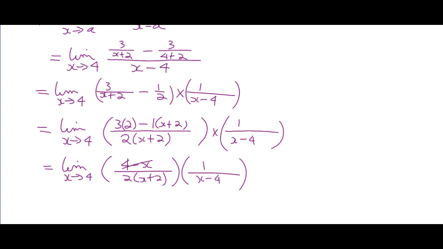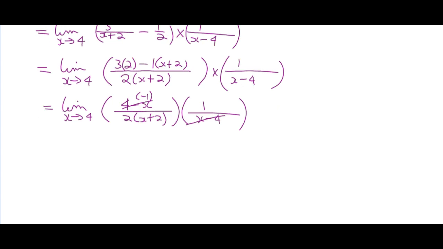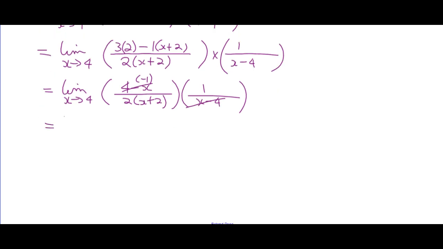So these guys cross, and this becomes a -1. All right, so let's just write that out. One more line with the limit. So what do we got? -1 over 2 times x plus 2.